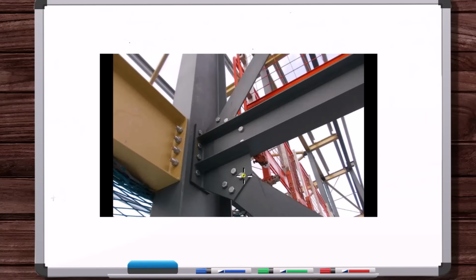This bolt is preventing any translation, but it's not preventing rotation between these two connected members. These are the two pieces that are connected.